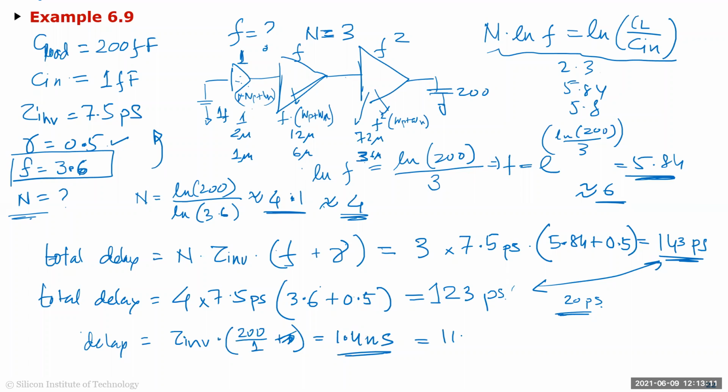That's 1400 picosecond. So by doing this staging of the buffers, you made it 10 times faster, which is huge.